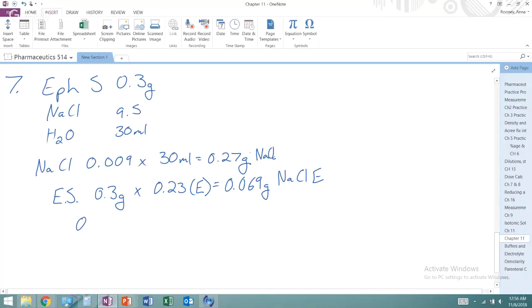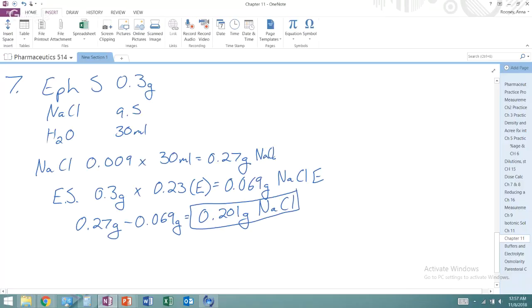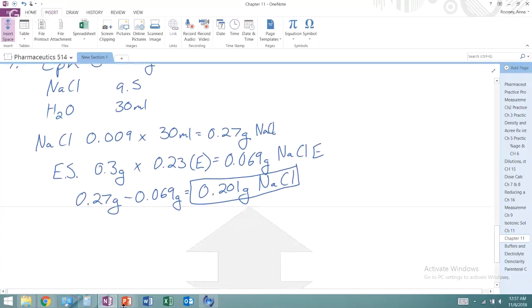So you would take from over here your 0.27 grams, you take away the amount of particulates you already have in there, and you find that that is 0.201 grams sodium chloride that you would need to add to get an isotonic, like, drawing power, essentially. So let me insert some more space so that we can do the next problem.